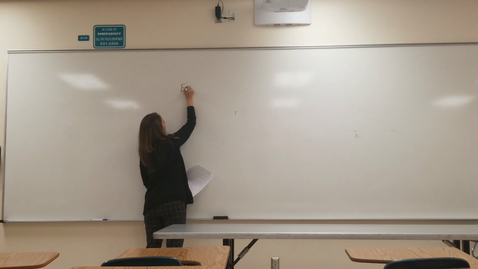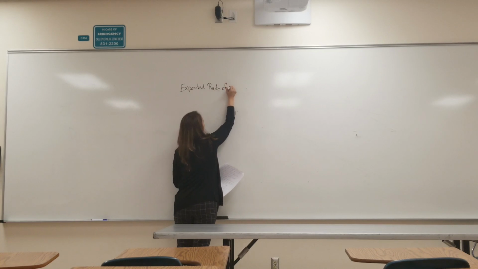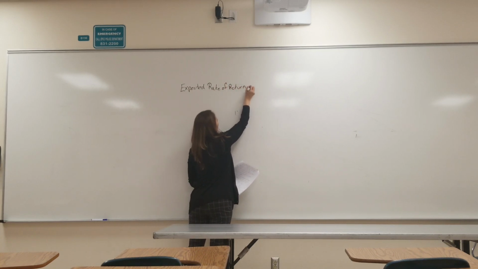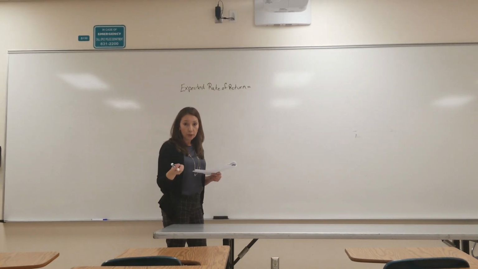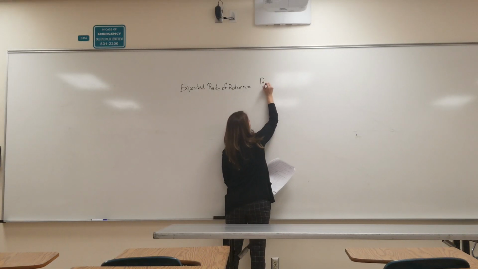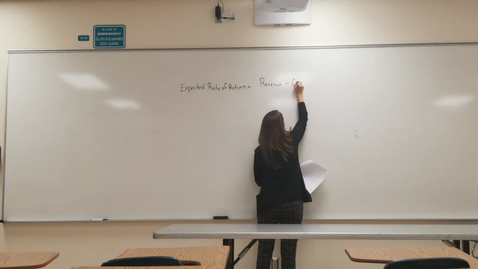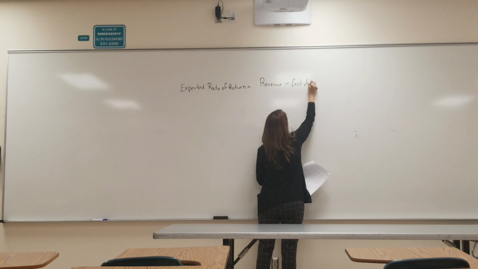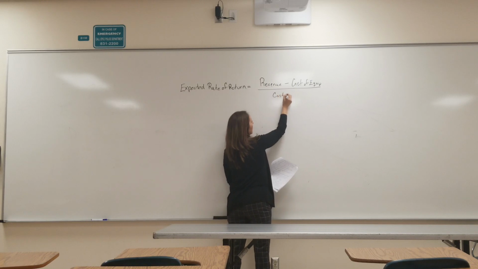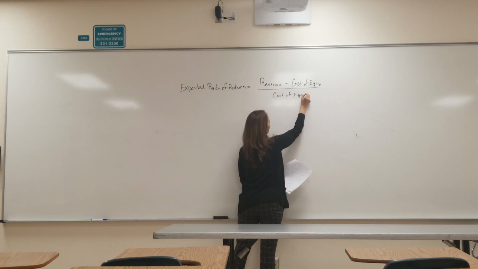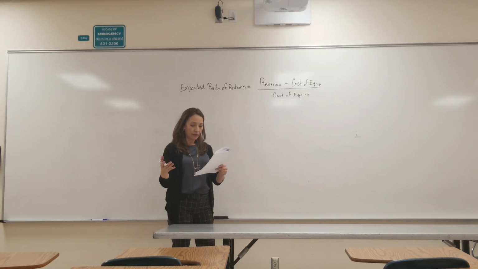Expected rate of return is going to equal the revenue that they anticipate generating from the purchase of machinery and equipment, minus the cost of that equipment, over the cost of the equipment. And that is going to give them some rate of return.